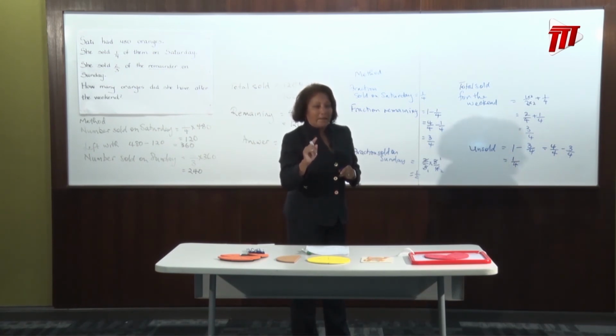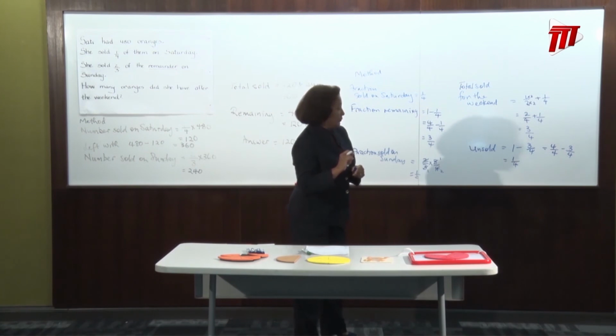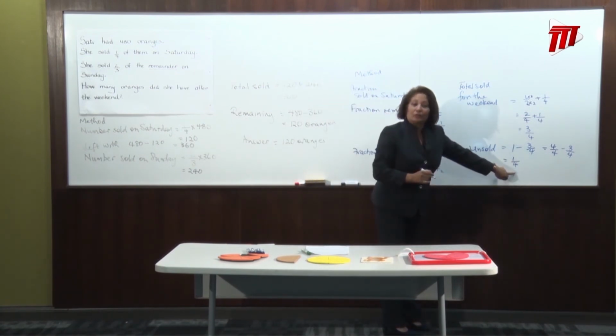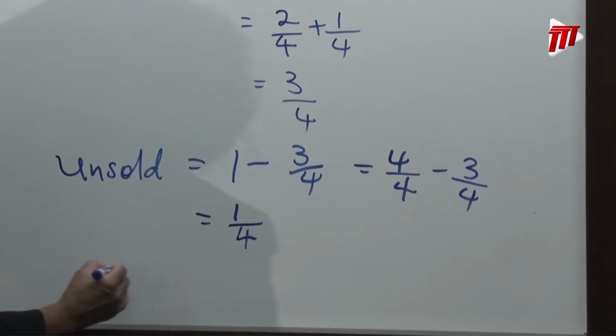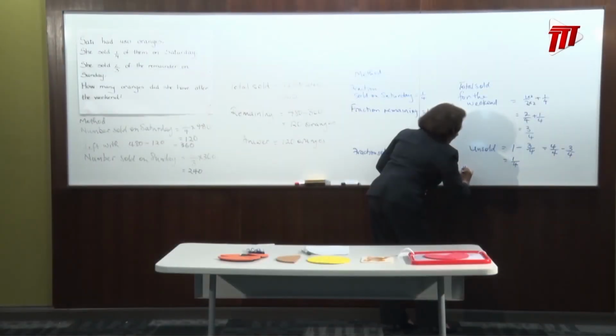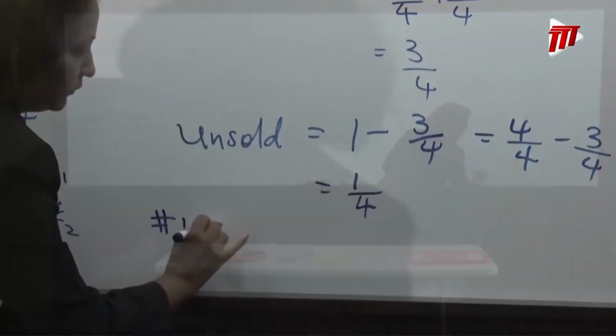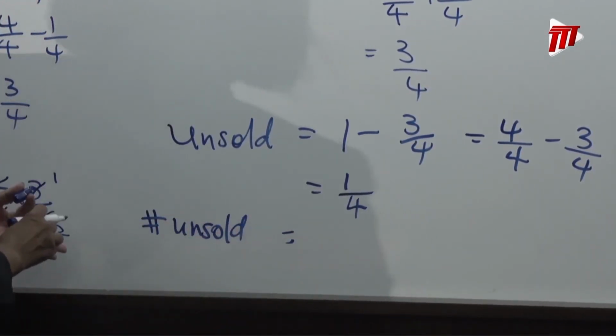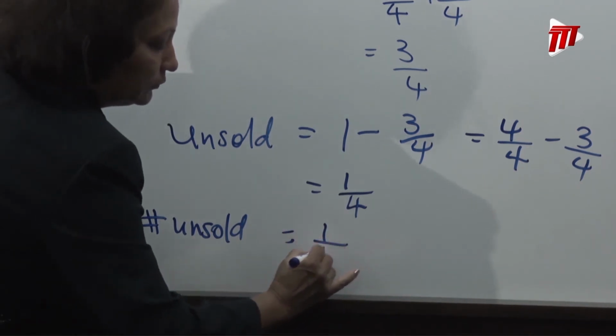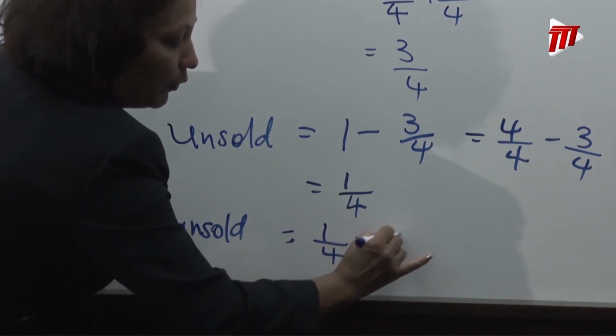How many oranges did she have remaining? So we have to convert this quarter into a number. How many? So the number unsold would be a quarter multiplied by 480.